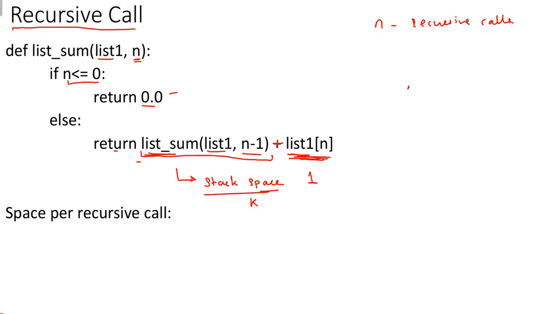So each recursive call takes 1 plus k amount of space, and that will be executed around n times. So your space complexity S of p for this particular recursive function will be n into 1 plus k. That k is your stack memory.